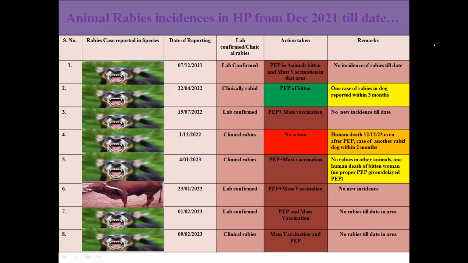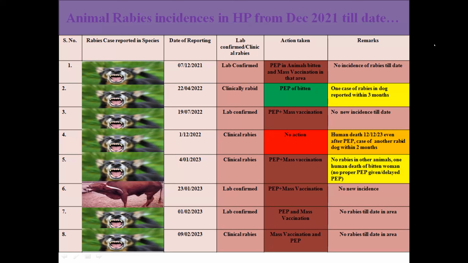You can see at number 4 there was a case of rabies where no action was taken, and in this case one human death occurred on 12th December 2023 even after PEP, and another rabid dog case within 2 months.